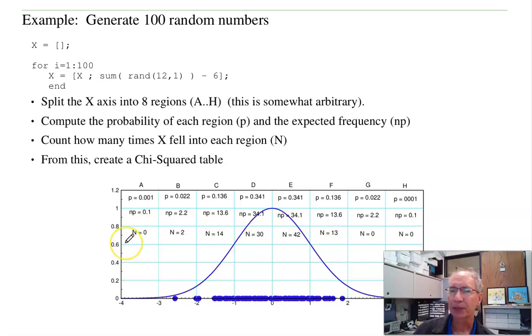That's capital N. I can use a StatTrack or a MATLAB or a normal distribution, calculate the probability that the data winds up between 0 and -1 standard deviation, between -1 and -2, -2, -3, and so on. That's p. N times p is p times 100. That's the expected frequency. Now calculate the chi-square score. What's the difference squared divided by np, difference squared divided by np, difference squared divided by np.